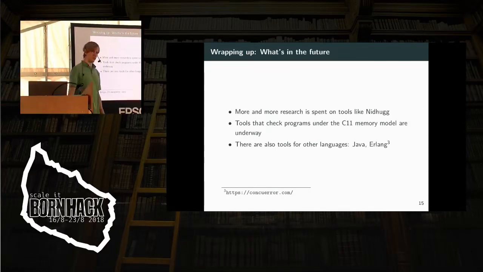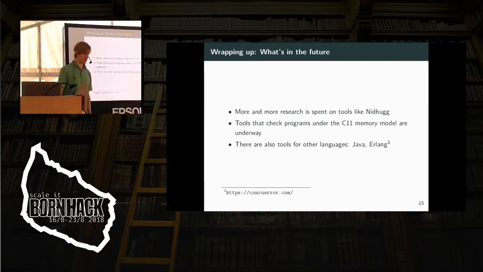A current part where a lot of work is being spent is on generalizing these techniques to the C11 memory model, which means tools that will come out somewhat soon, we'll see when they are actually available. These are academic things, so making a battle-hardened tool is not what we are sponsored for, unfortunately.